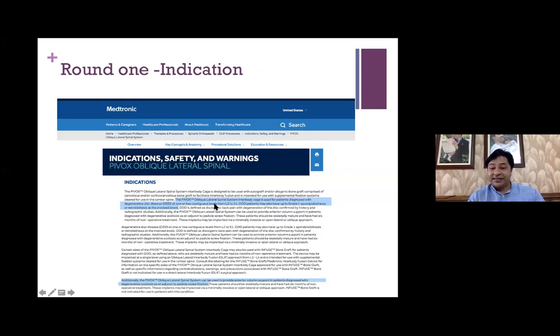If you read this, it says that it can be used in degenerative disc disease from level L2 to S2 up to grade 1 spondylolisthesis or retrolisthesis. The other indication it talks about, it can be used in degenerative scoliosis to provide anterior structural support. So if you see, there is a very small indication even by the manufacturer when it comes to OLIF.